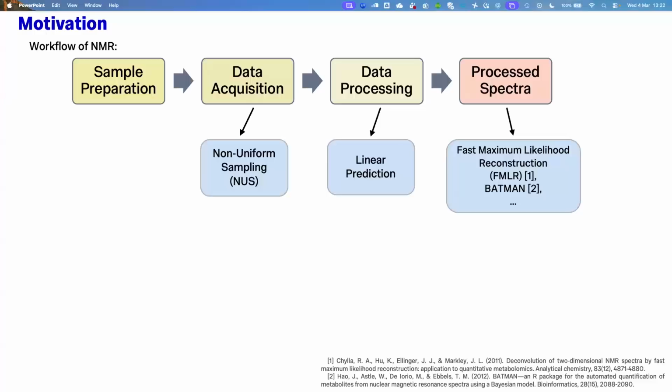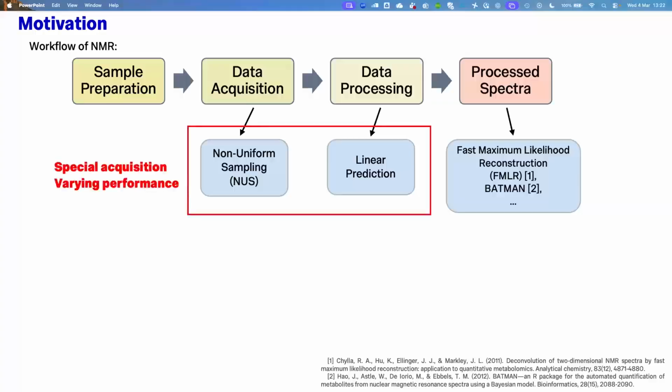We can take already acquired data and do something called linear prediction, which is a very straightforward, like a linear regression kind of approach, to try and estimate what the spectral shapes would have looked like at higher resolution. And then there are some other methods that have been around more recently, essentially trying to fit statistical models to try and estimate what the spectral shapes would have looked like at high resolution.